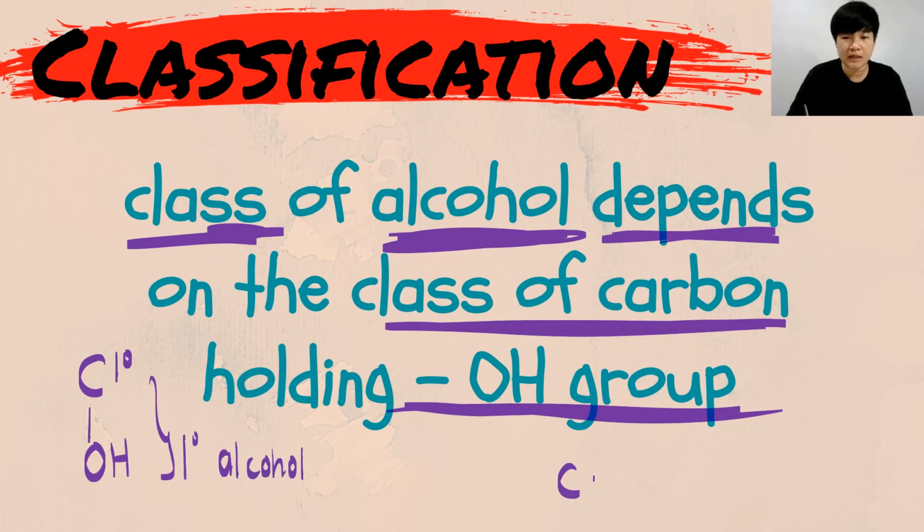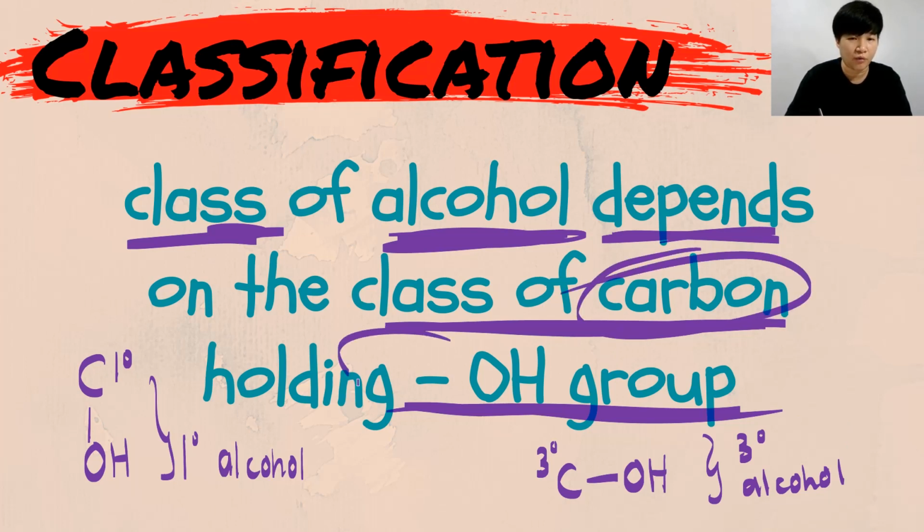If the carbon holding the OH group is a tertiary carbon, then it will become a tertiary alcohol. It's actually the classification of your carbon, but we only look at the carbon holding the OH group. Okay? Simple. Let's move to the examples straight away.